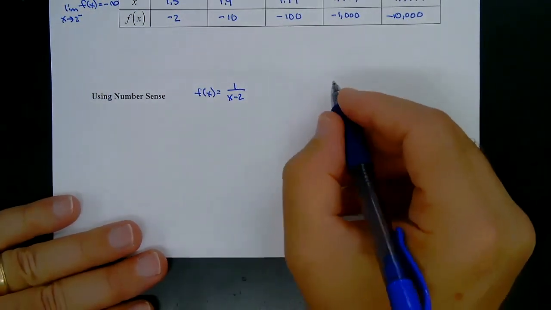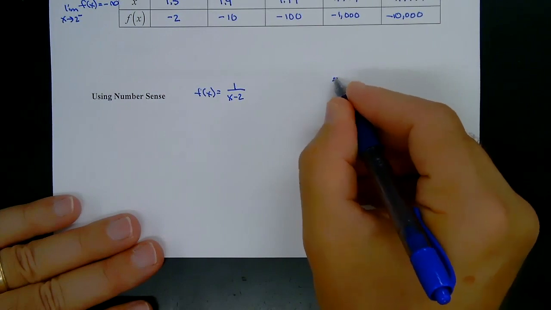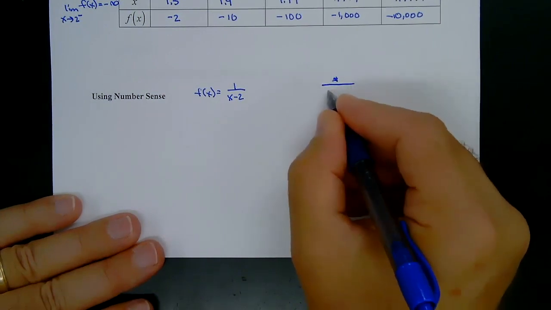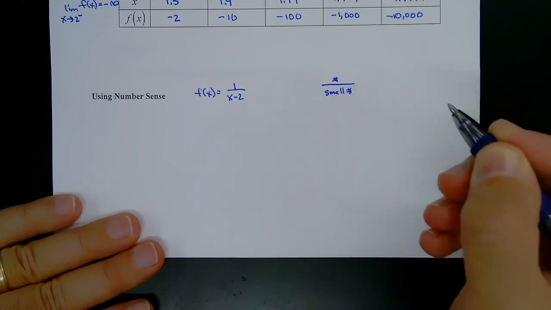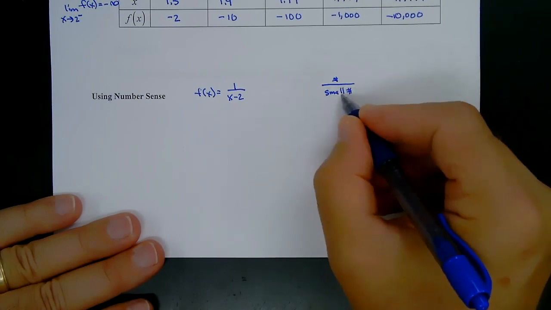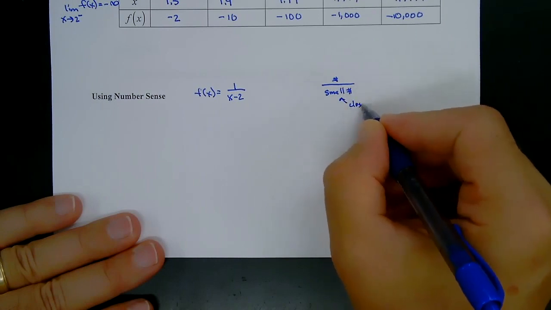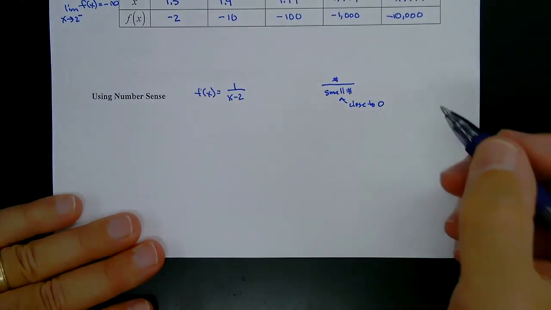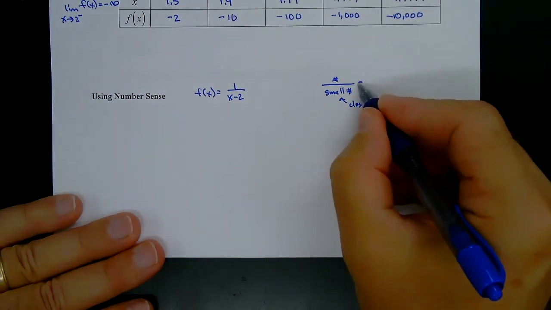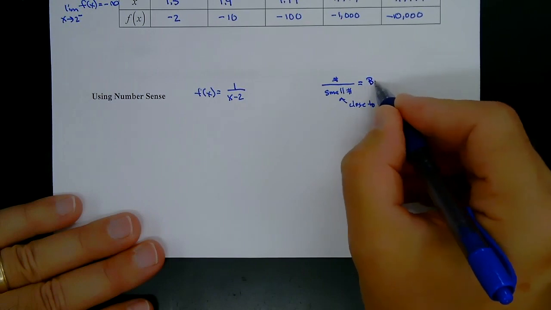If you take a number and you divide by a really small number, a number that's really close to 0, that winds up being equal to a really big number.